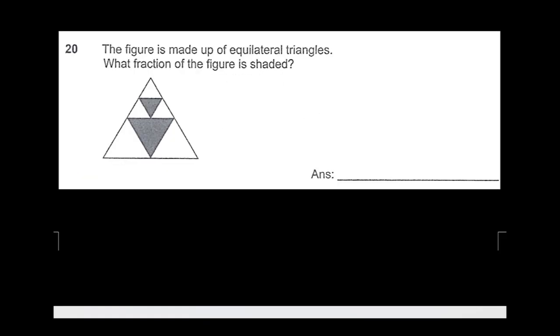Question 20. The figure is made up of equilateral triangles. What fraction of the figure is shaded? An equilateral triangle means the length is the same for all three sides.